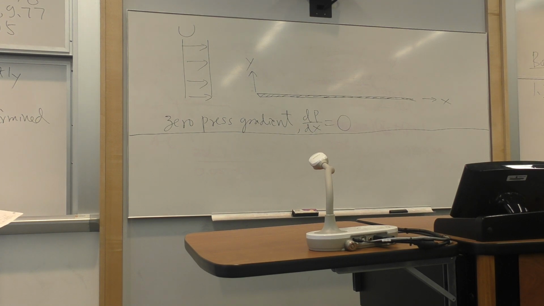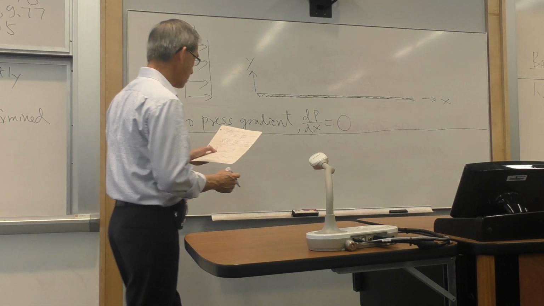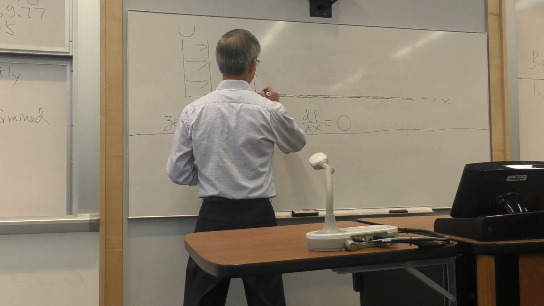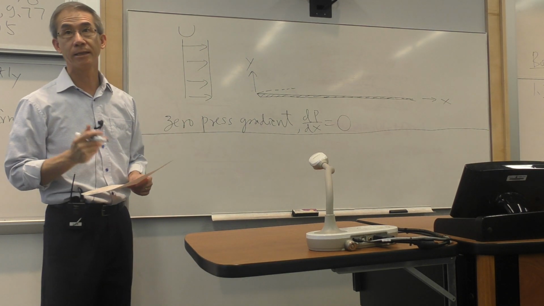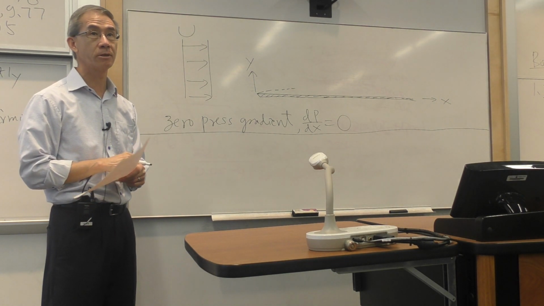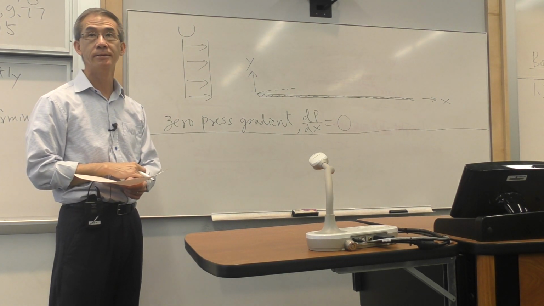So what is a boundary layer on this semi-infinite plate? Invisible to our naked eye, once the uniform flow reaches the plate leading edge, the no-slip condition will immediately apply.